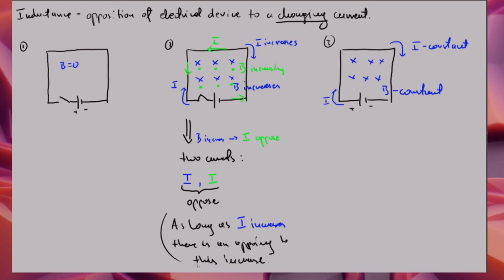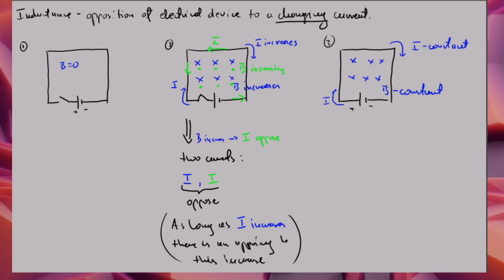So the loop is opposing a change. And this is sort of the inductance. We define this opposition to the changing current as inductance. Look at the definition here. Inductance is the opposition of an electrical device to a changing current. In this case, the device is just a wire.